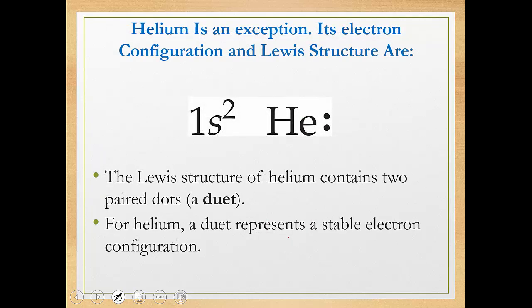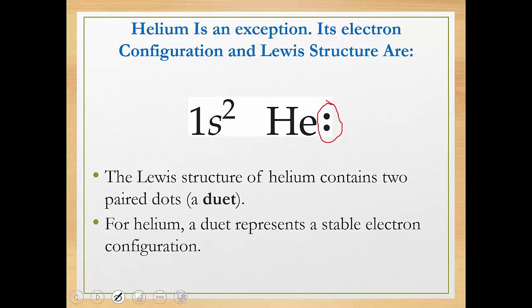Keep in mind that helium is an exception. Okay, so its electron configuration is only 1s2, so it only has 2 electrons. Now, those 2 dots, those duets, that is a stable electron configuration, and they are paired because there is only one shell, one orbital for those electrons to be in.